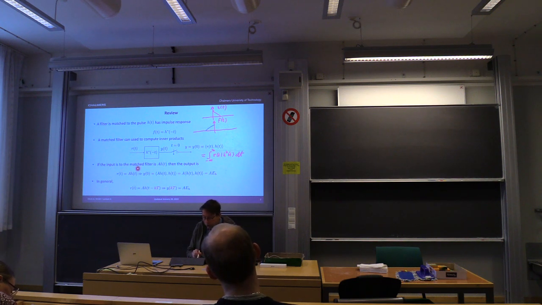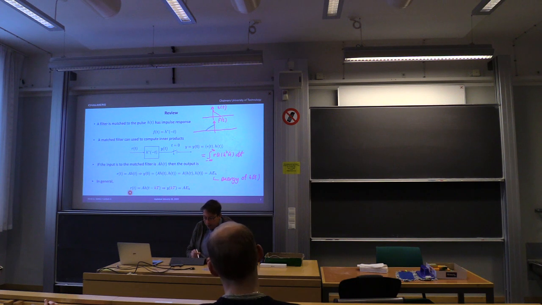And that turns out to be a useful property in improving things for the receiver of pulse amplitude modulation. So in particular, if the input to the matched filter is some amplitude a times the basic pulse h, then the output at time 0 is the inner product of the input with h, and then we can pull out a out of the inner product, and we simply get a times E_h, where E_h is the energy of the pulse, the energy of h of t.